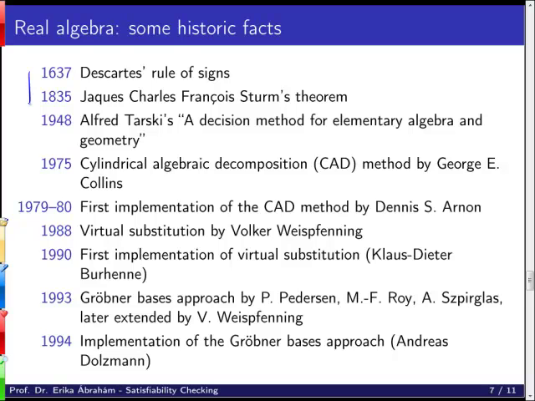And he gave some algorithms how to determine either the number of roots or an upper bound on the number of roots. It is also only for univariate polynomials. And what is more useful is the theorem of Sturm. This theorem allows us to compute precisely the number of real roots of a univariate polynomial within a given interval.